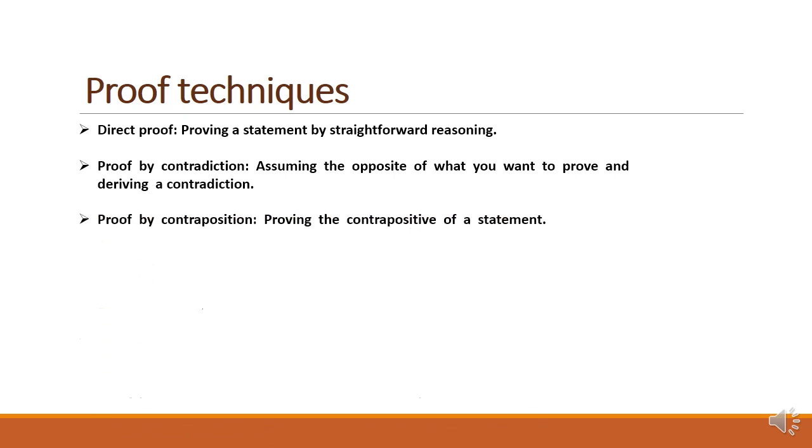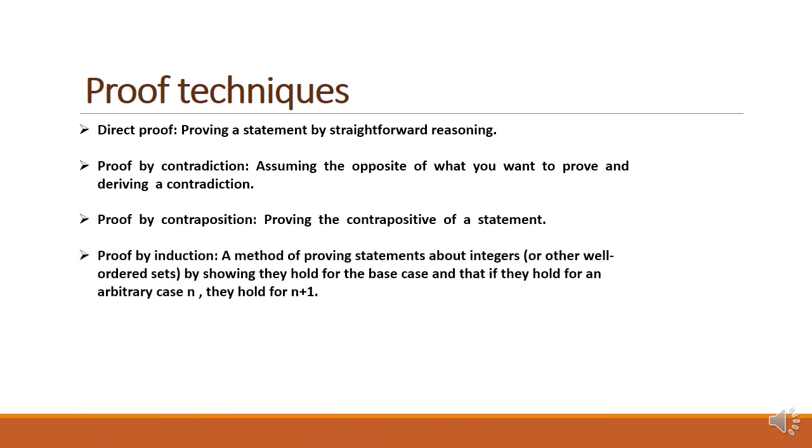And we have also proof by contraposition, proving the contrapositive of a statement, and proof by induction, a method of proving statements about integers or other well-ordered sets by showing that the statement holds for the base case and that if it holds for an arbitrary case n, then it holds for n plus 1.